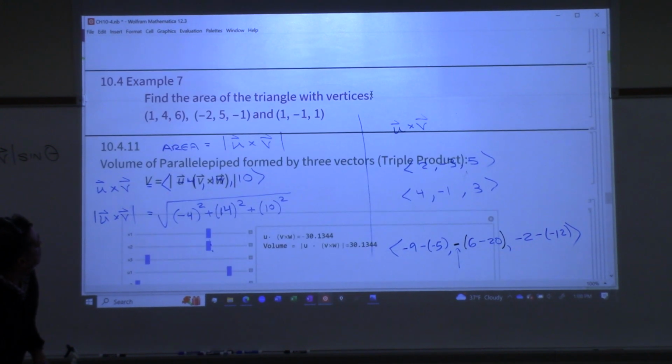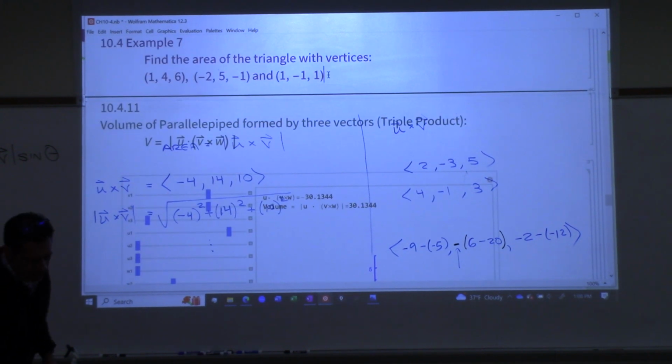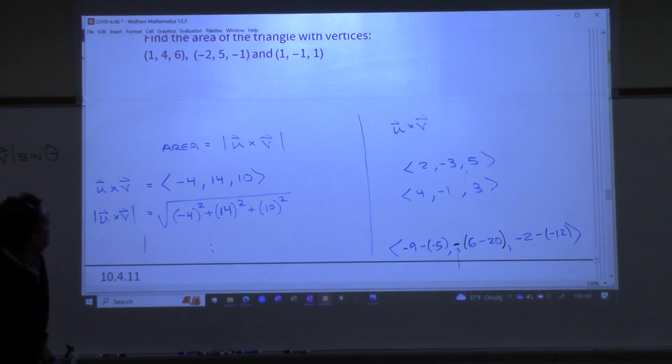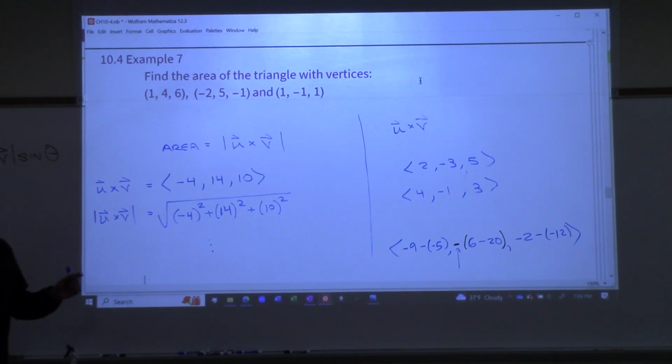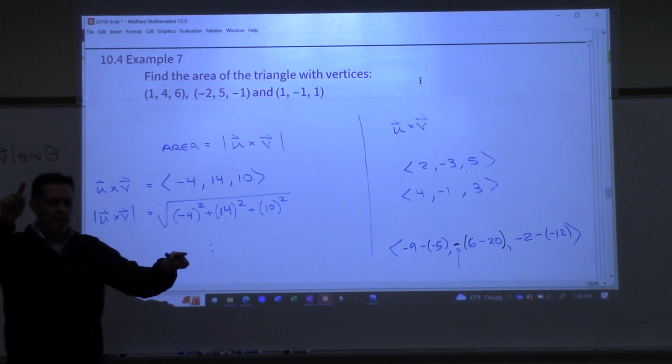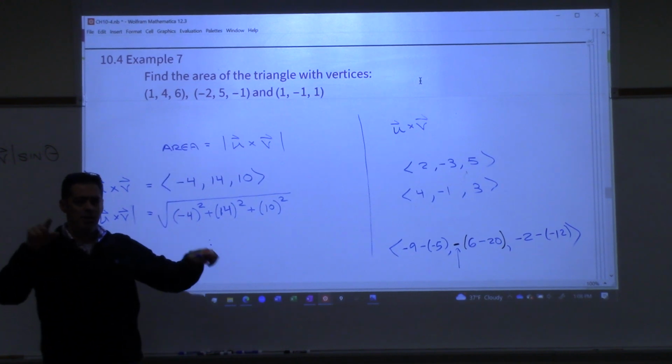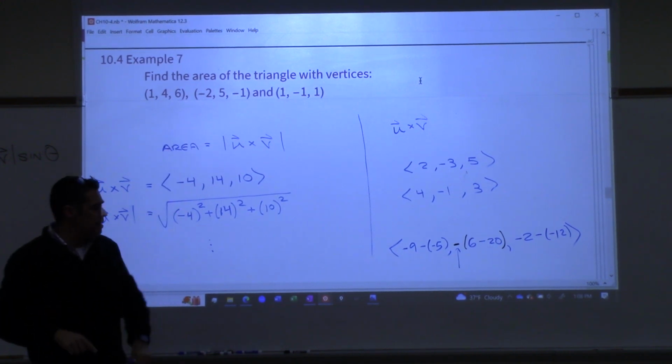All right, now let's extend on that idea. This time, I'm going to give you a triangle in 3-dimensional space. I'm giving you the vertices, the corners of a triangle in 3-dimensional space.